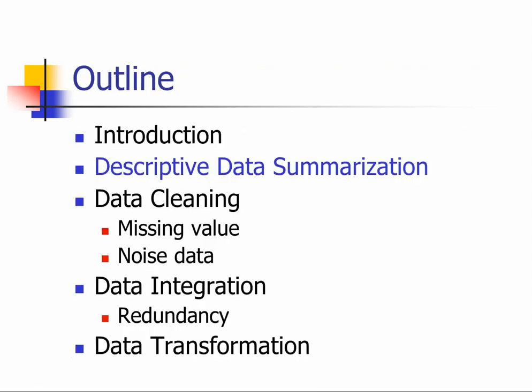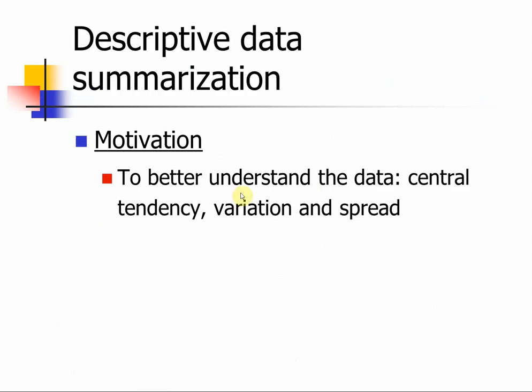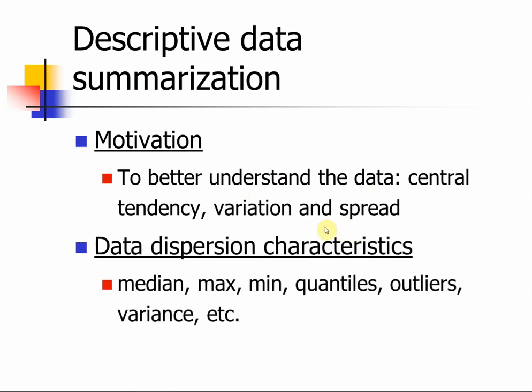Let's take a look at how we describe the data that we have in hand and try to understand it a little bit more. The motivation, of course, is to better understand the data. We want to find out the central tendency, variation, and spread of the whole data set, and data dispersion characteristics, including the median value, the maximum value, and the minimum value, and from those values you can generate the quartiles.